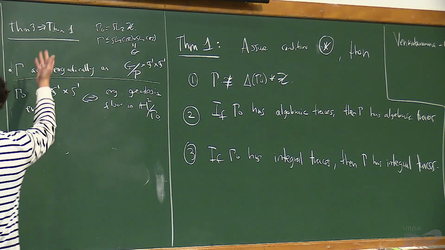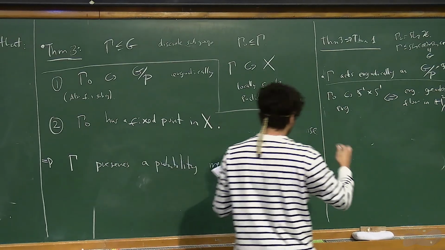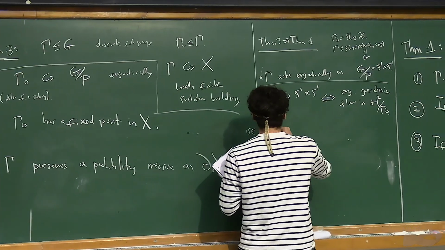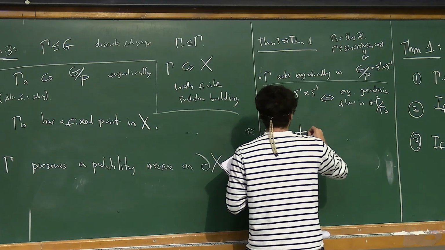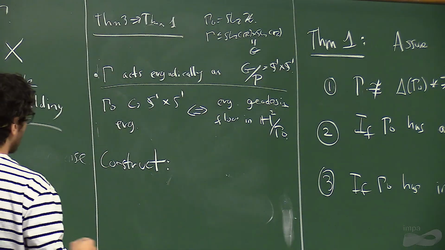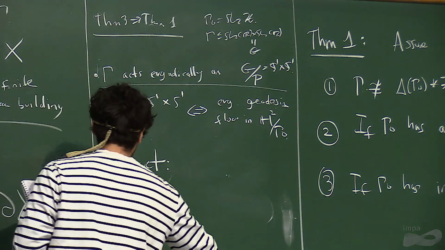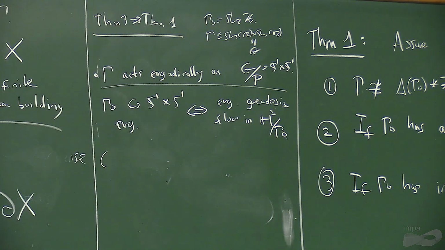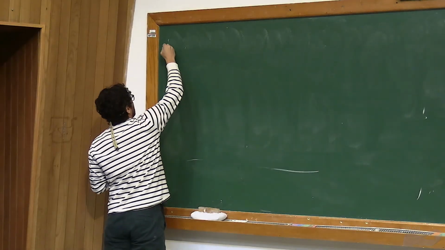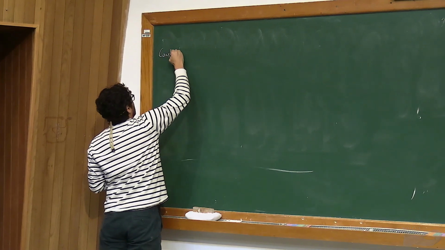Also finite index subgroups are also lattices ergodically. So we construct some actions.